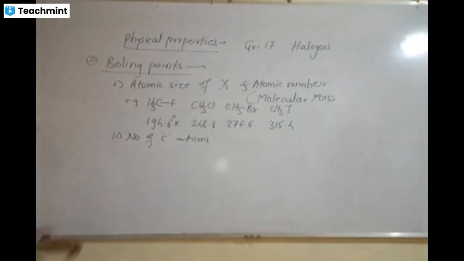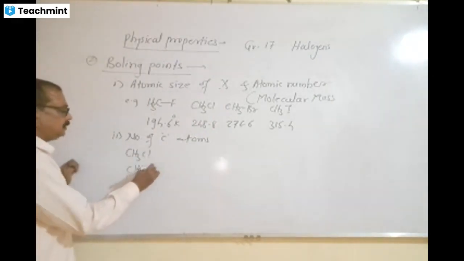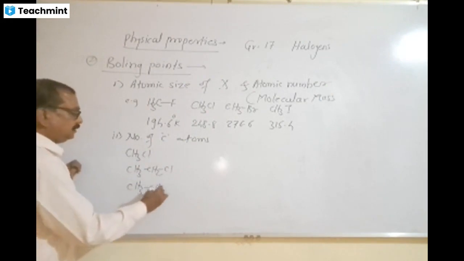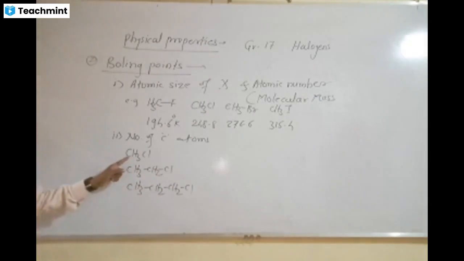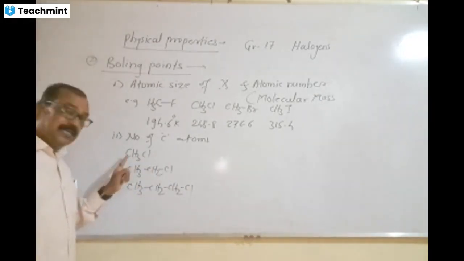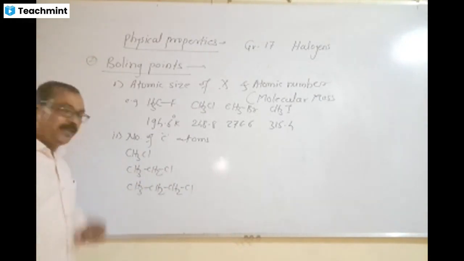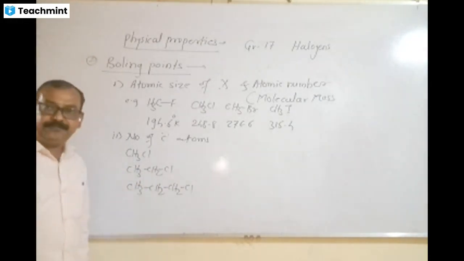For example, CH3Cl, CH3CH2Cl, CH3CH2CH2Cl. First compound is methyl chloride, contains only one carbon. Second compound contains two carbon and chlorine. Third compound contains three carbon and chlorine atom.